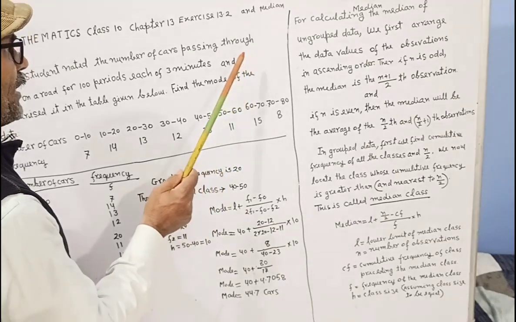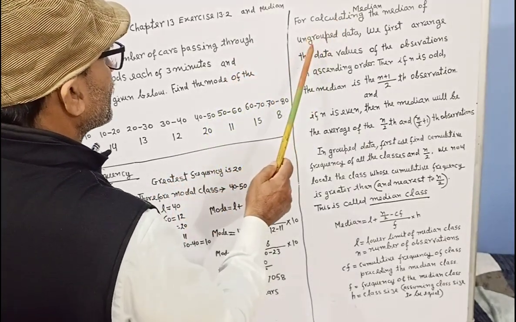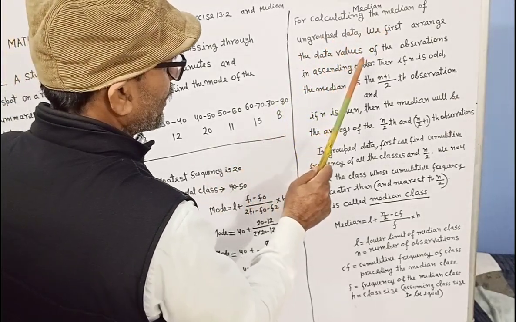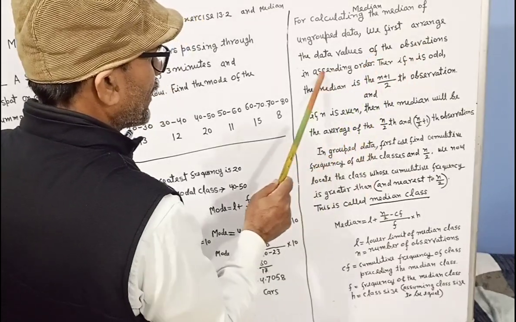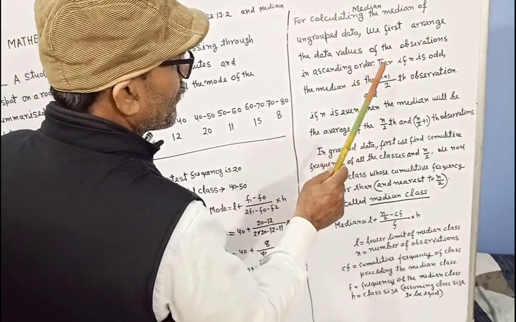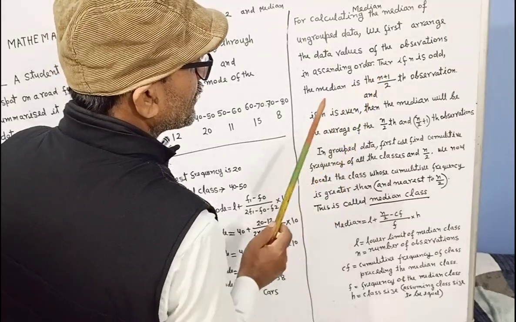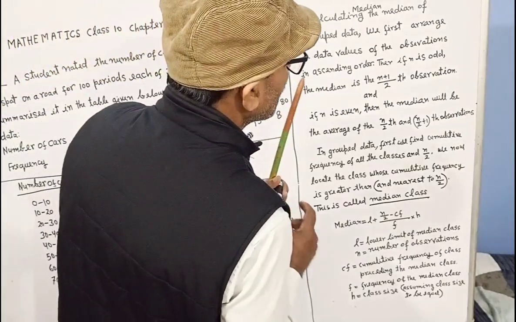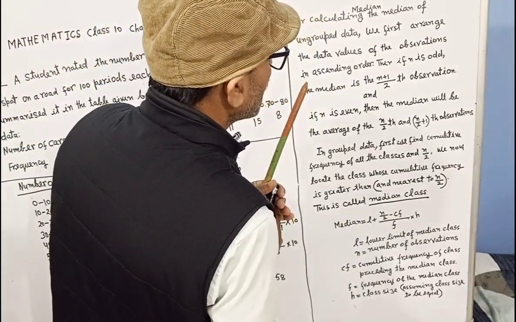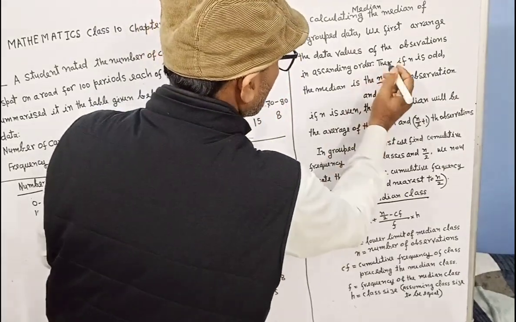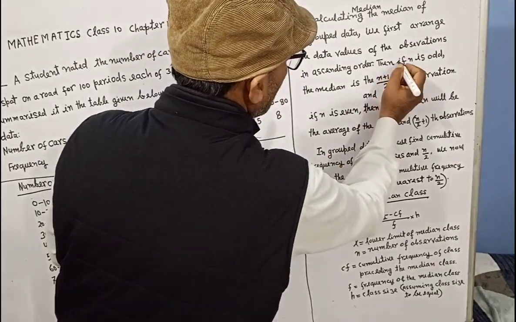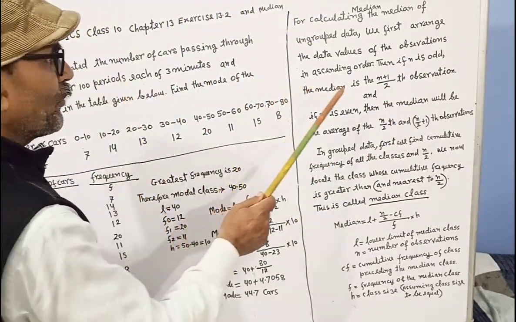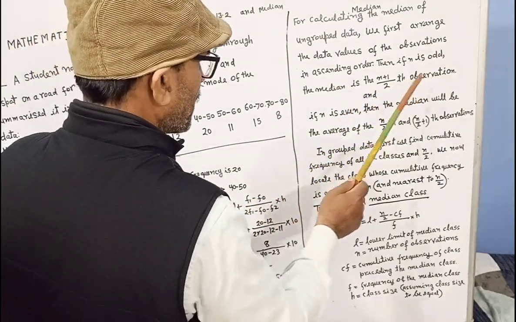For calculating median of ungrouped data, we first arrange the data values of the observations in ascending order. Then if n is odd, the median is the n plus 1 by 2th observation.